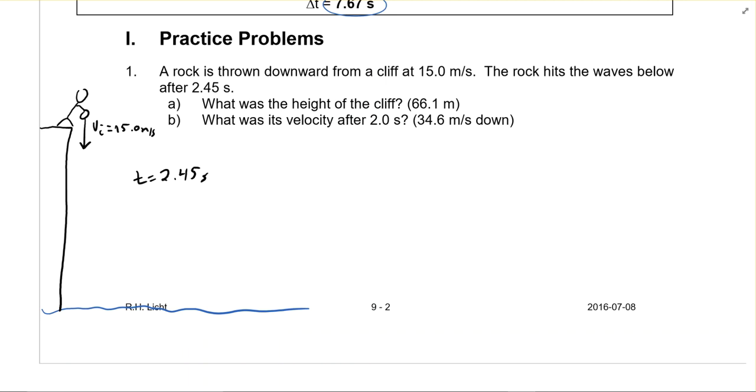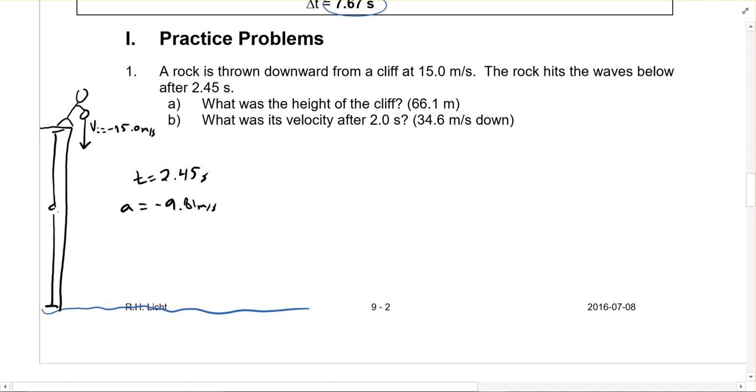And our velocity being thrown downward, and this is important, I should write this here now too while I'm thinking about it, VI is going to be equal to negative 15 meters per second. All right, don't forget the negative because it's going down. Okay, and then also A, our acceleration, is going to be equal to negative 9.81 meters per second squared. And we are looking for our distance, how high our cliff is.